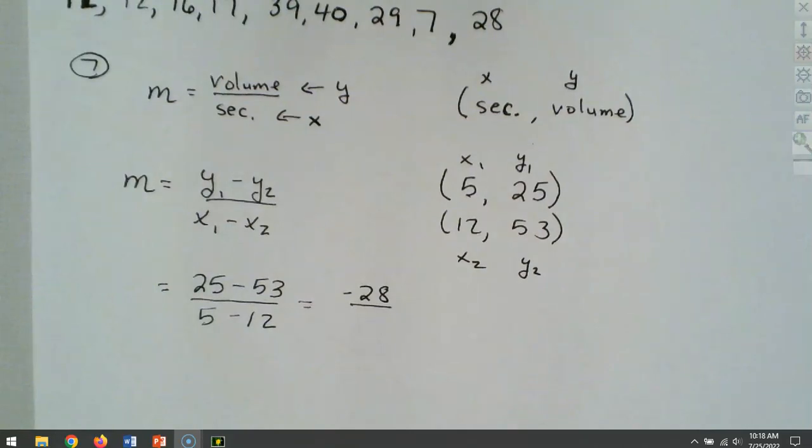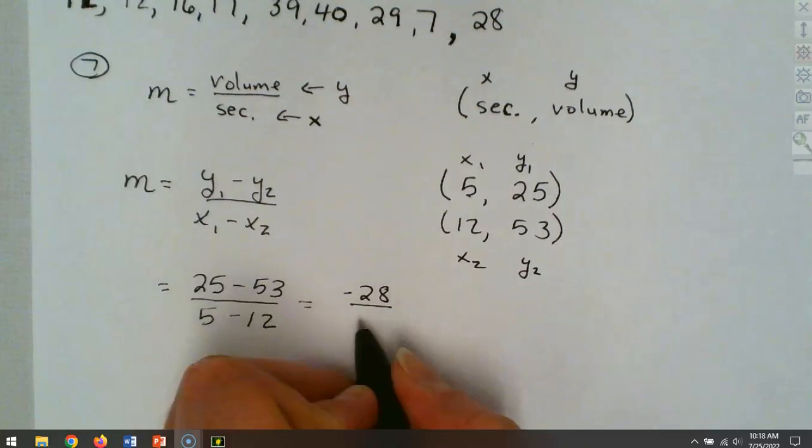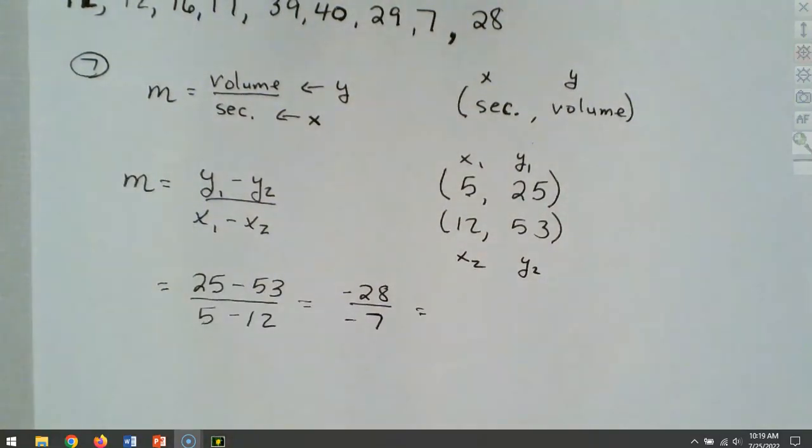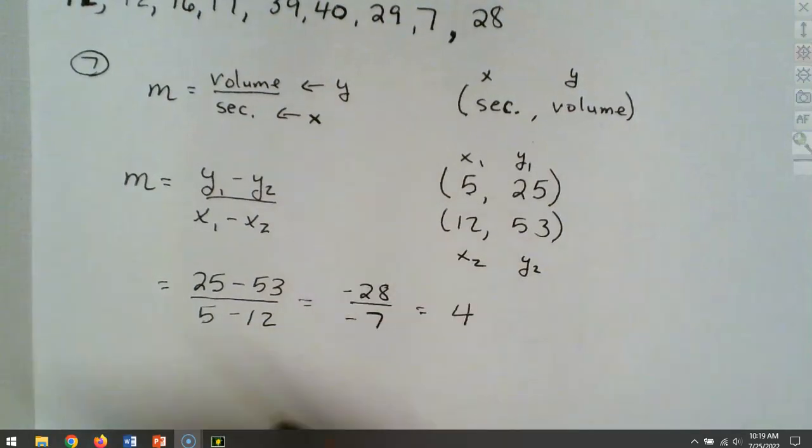If it's going down, you made a mistake. And 5 minus 12, well, that's a minus 7. Negative and negative makes it positive, and so that comes out to be 4, because 28 divided by 7 makes it 4, and that is then in, let's see, what are my units here? It looks like ounces per second.